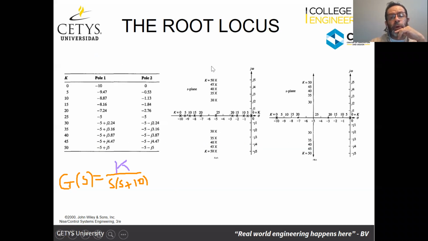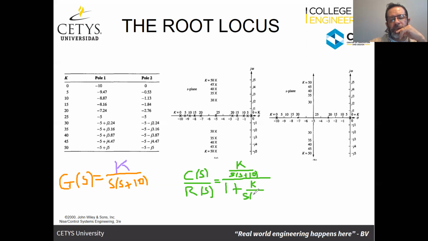And so the whole transfer function for this system, which is going to be C of S divided by R of S, is going to be equal to, remember, G of S, which is K divided by S times S plus 10, divided by 1 plus G of S. It's a unity feedback, so divided by 1 plus K over S times S plus 10.